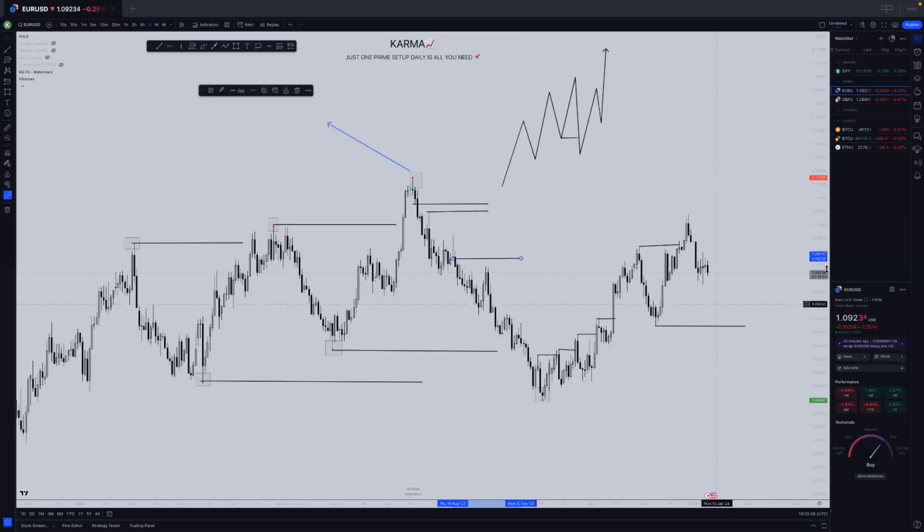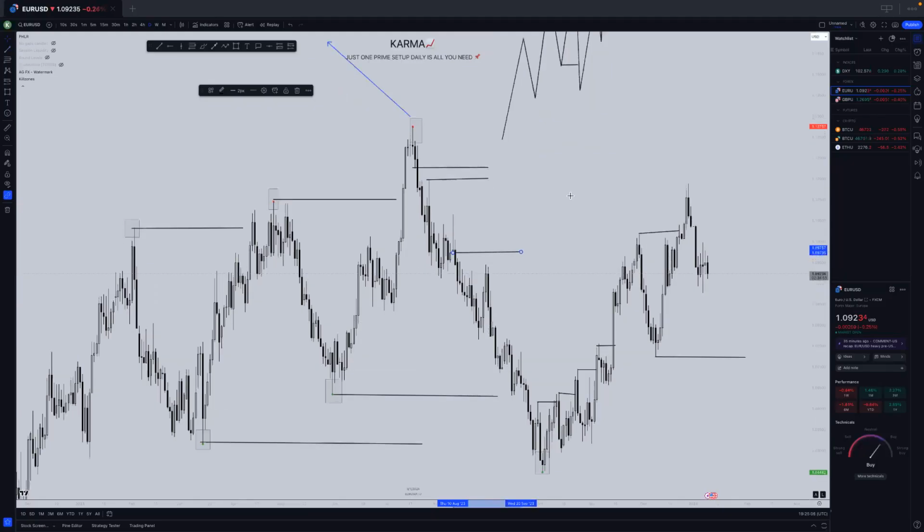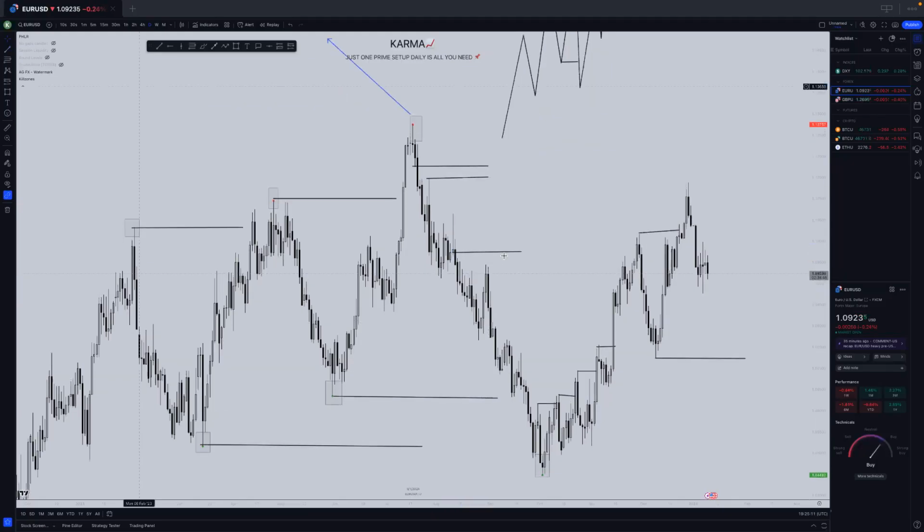Guys, make sure you are following this simple thing. We have a wick to wick, a decisive candle. A wick to wick, right?